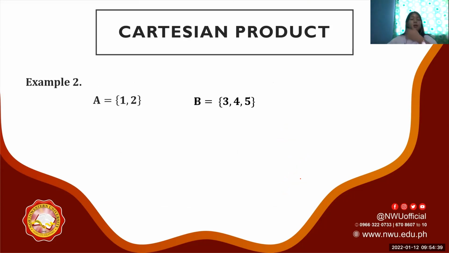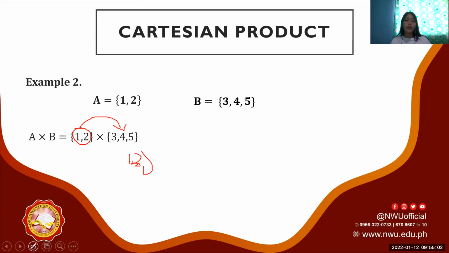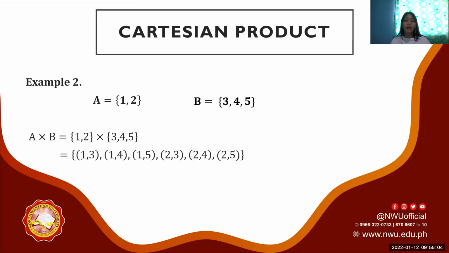So for another example, we have here set A with elements 1 and 2, and your set B with elements 3, 4, and 5. If you're going to get the Cartesian product A to B, you're going to map each element of A to the elements of B. So you will get 1 and 3.